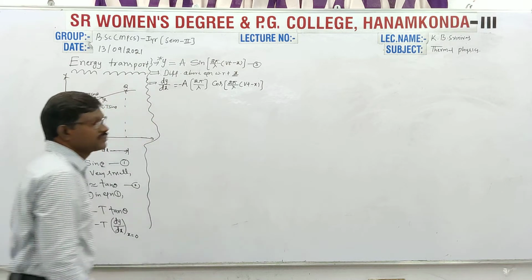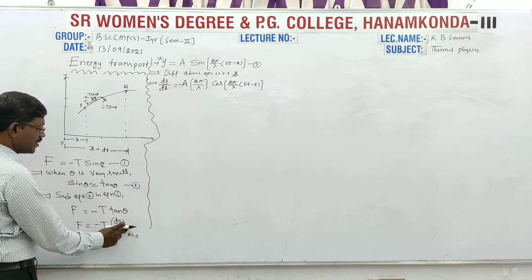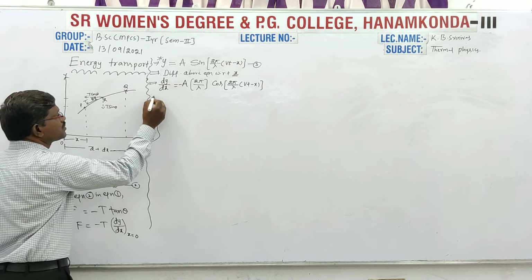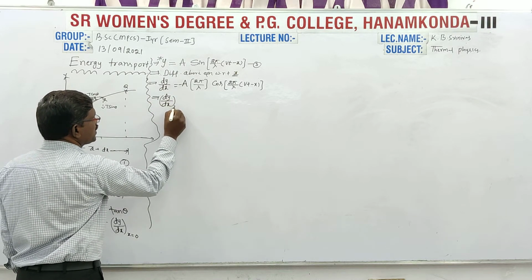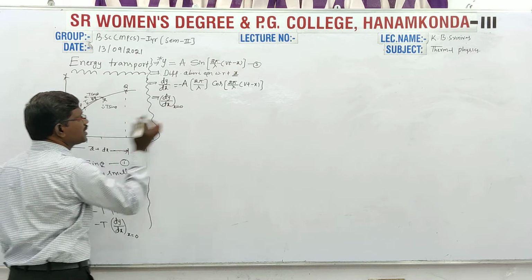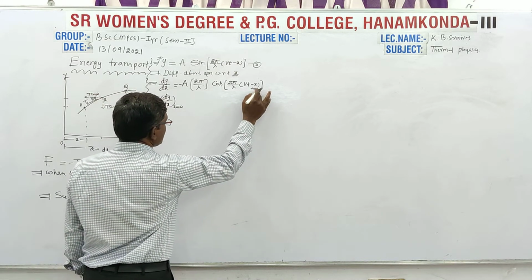Is that clear? But I want to calculate dy by dx at x is equal to 0. So in dy by dx, put x is equal to 0.